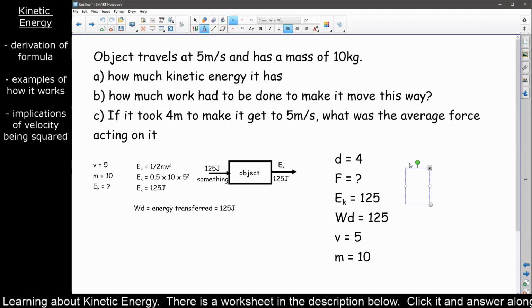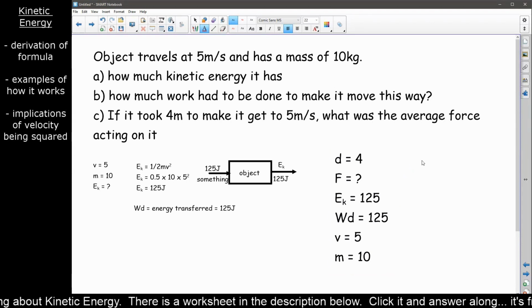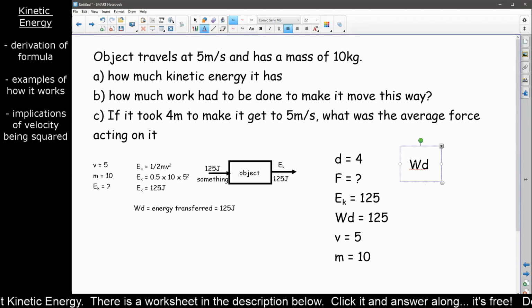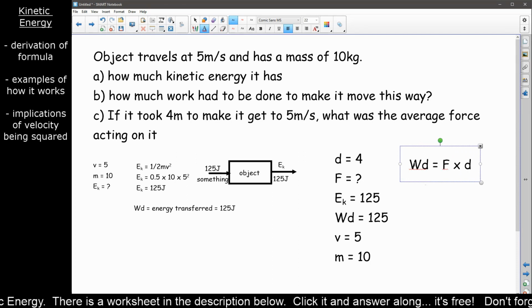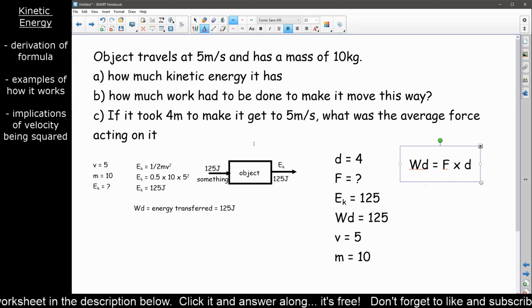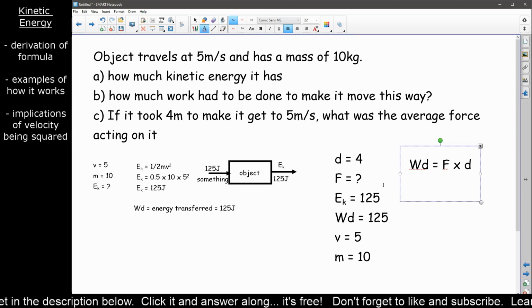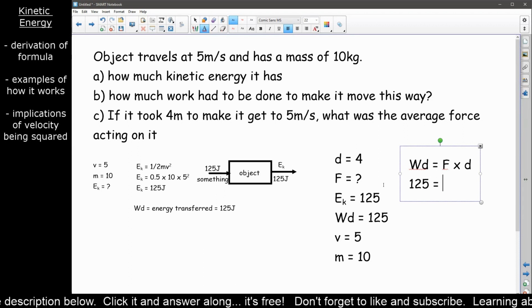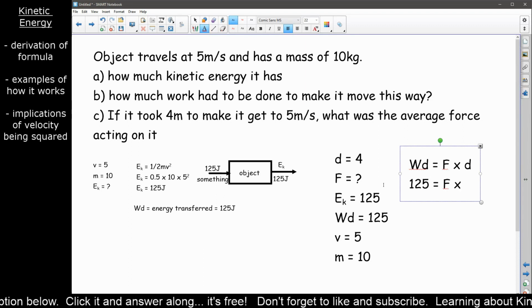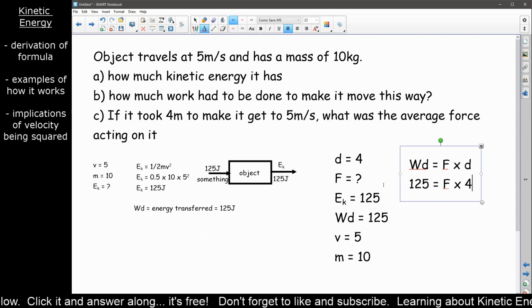We only have one energy equation that has force in it, and that is that work done equals force times distance moved. And that makes sense in the context of our question because we've been given the distance in this part. So that's what we're after here. The work done is 125. The force is what we want to find out, and we know that the distance is 4. So we substitute in our numbers.